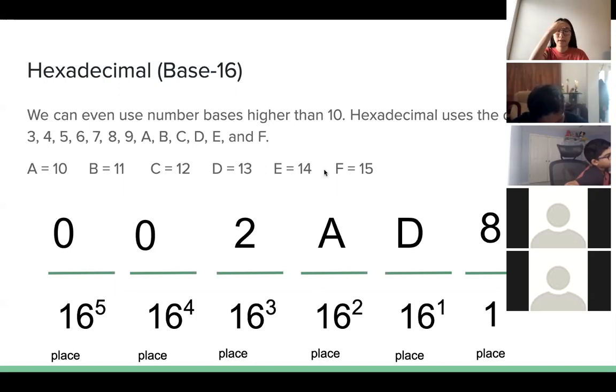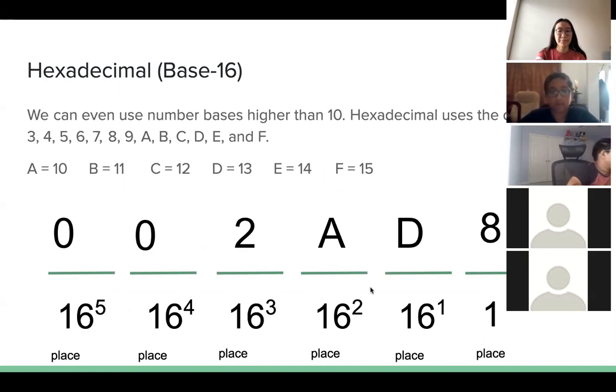Since this is base 16, our place values are going to be the 1's place, the 16's place, the 256th place, and so on, 16 to the 3rd, 16 to the 4th, 16 to the 5th. So hexadecimal gets big really fast. Even if there's only 2 digits, it's going to get up to a really big number.